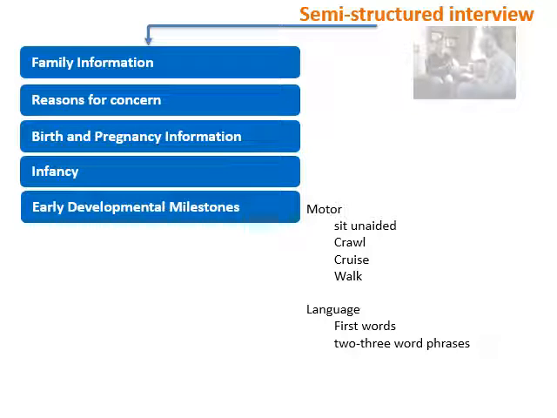One of the most standard aspects of interviewing parents is to gather information about the establishment of early developmental milestones, particularly with walking and with language. Again, these are highly associated with delays in development.